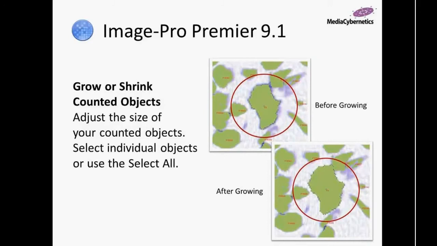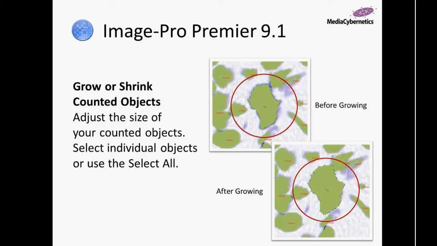There's also another option that we've added to Image-Pro 9.1, that we can shrink or grow, erode or dilate your selected objects. So if you have something that's only segmenting just a little bit off, or you need to take it a bit beyond the segmented areas, we can actually reach and grow our objects of interest. Again, by selecting all of them or selecting a particular few, we can now grow those.